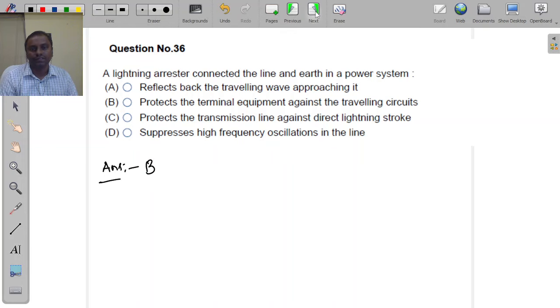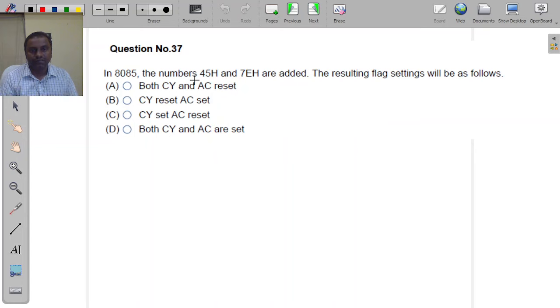Moving into the next question. In 8085, the numbers 45 hexa and 72 hexa are added. The resulting flag settings will be as follows.